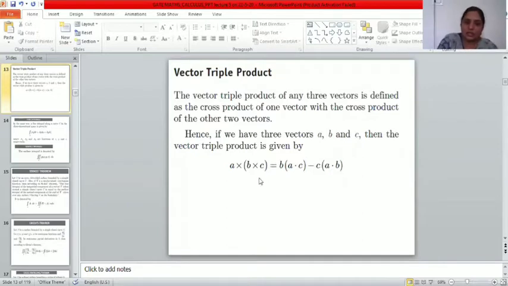There is one simple formula: 1 cross 2 cross 3 is 2 into 1 dot 3 minus 3 into 1 dot 2. This can be remembered as 1, 2, 3 is 2, 1, 3 minus 3, 1, 2, and the last two are nothing but dot products.